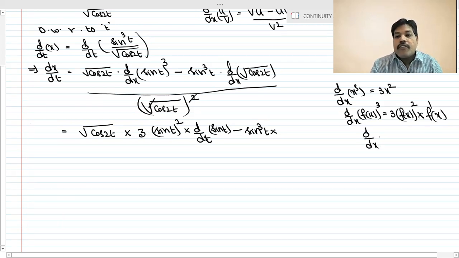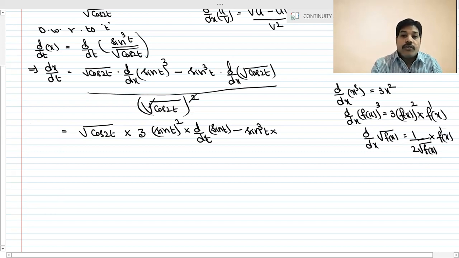I have already given the formula, students. What is the root f of x derivative? 1 by 2 root f of x into f dash of x. Number of formulas I am going to use here.